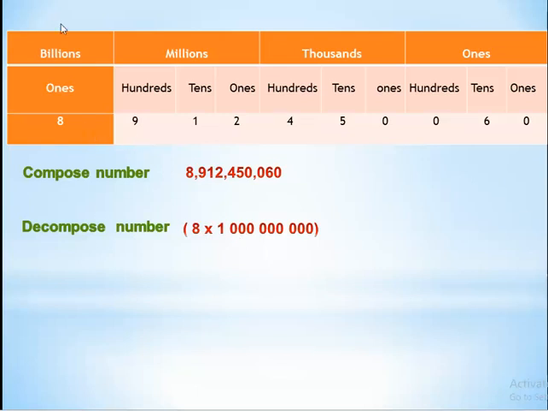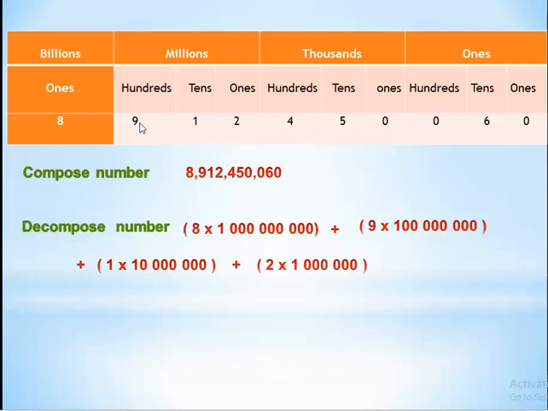So 8 in billions means 8 times 1 billion, plus 9 in 100 million, so it means 9 times 100 million, plus 1 times 10 million, 2 times million, 4 times 100,000, 5 times 10,000.